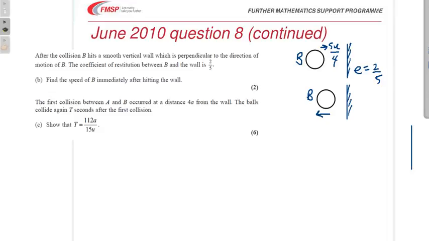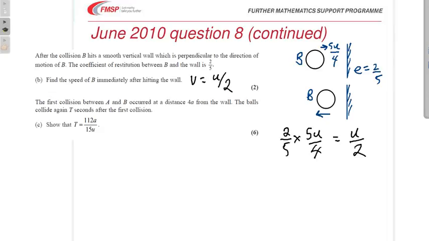So nothing else to write down really. The velocity after, as it bounces off the wall, will be 2/5 times the velocity it had before. So that gives us u over 2.